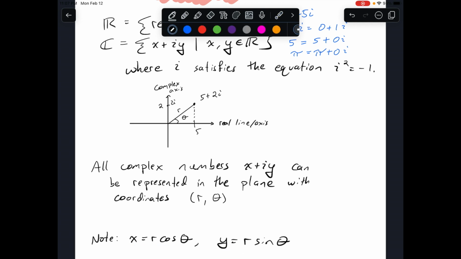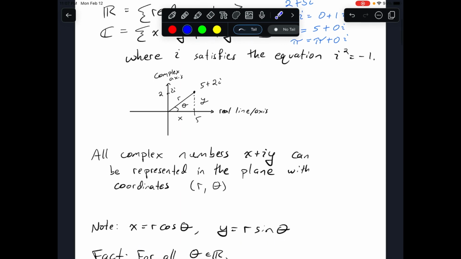If you haven't seen polar coordinates in a while, that just comes from this triangle right here. Cosine of theta is equal to x over r, and sine of theta is equal to y over r, and so you get these equations right here.